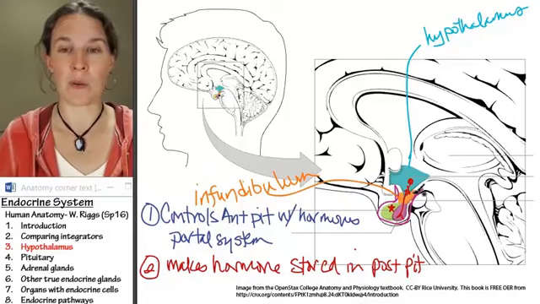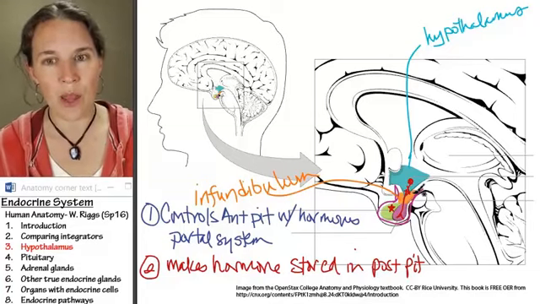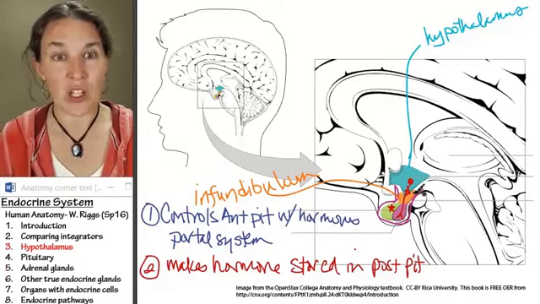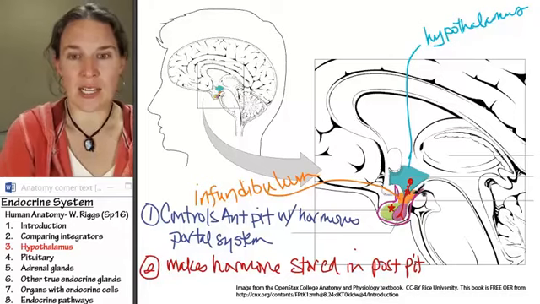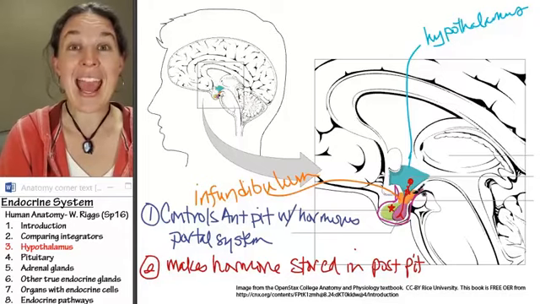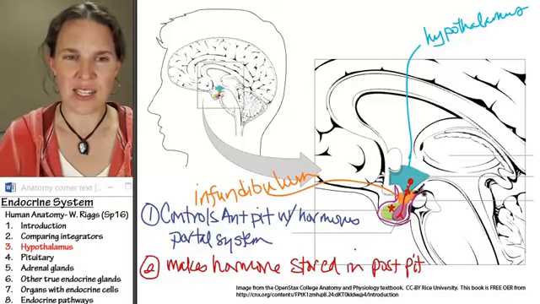The hypothalamus makes the hormone. The axon terminals store the hormone and release it into the bloodstream. So really, the posterior pituitary is just nervous system. It's just an extension of the hypothalamus. The anterior pituitary is actually endocrine tissue, which is a different thing.